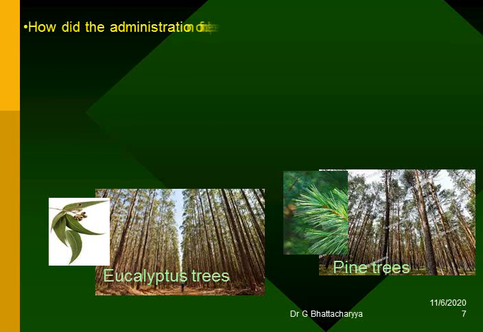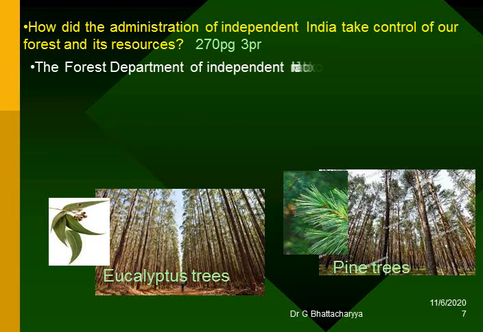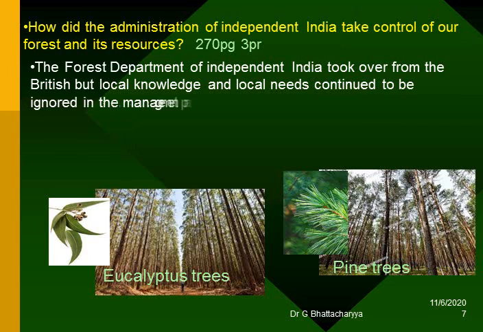How did the administration of independent India take control of our forest and its resources? The Forest Department of independent India took over from the British, but local knowledge and local needs continued to be ignored in the management practices.